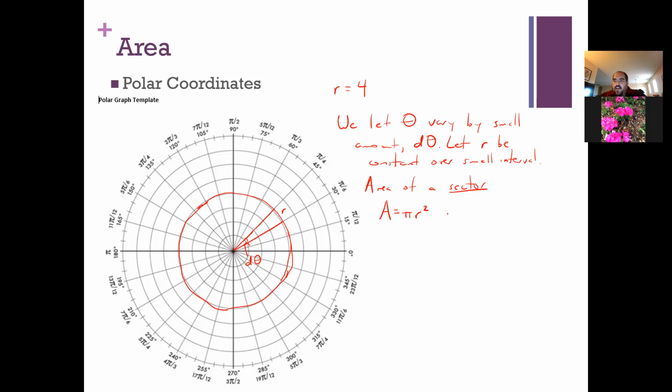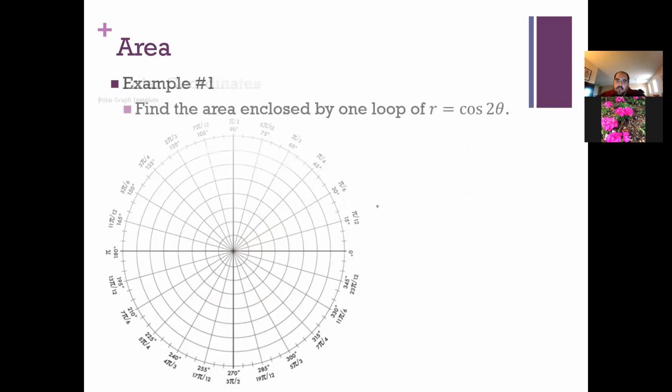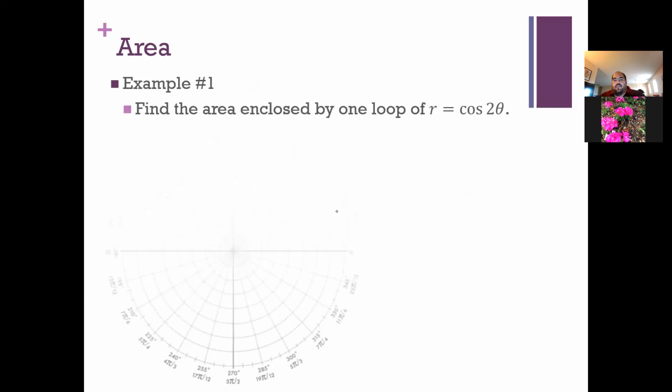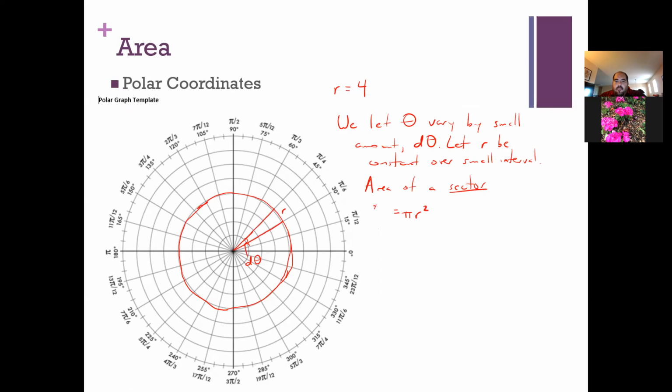I want to find the area of a small part of a circle. So this is the area of a circle, which means the area of a sector is equal to pi r squared times this ratio.